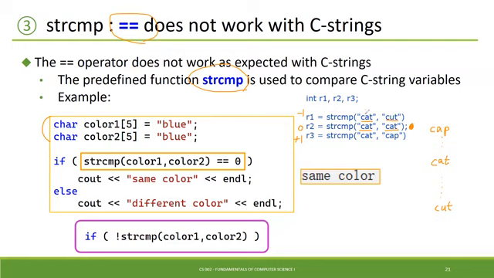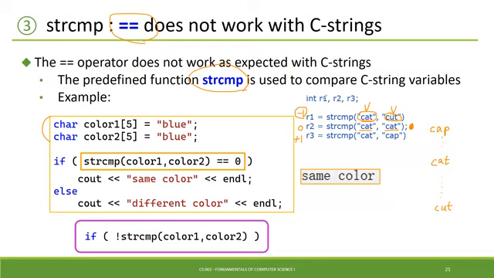And look at this one. In this case, this is the first one and this is the second one, cut. The first string comes before the second string in the dictionary, right? In this case, -1 will be returned.